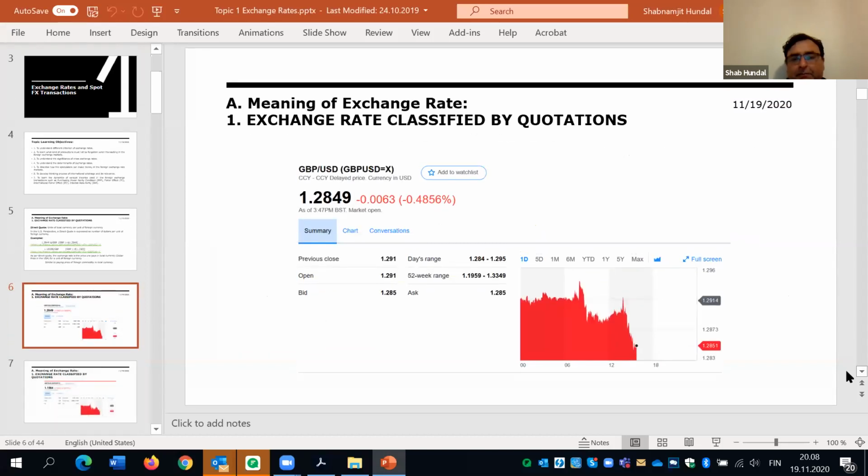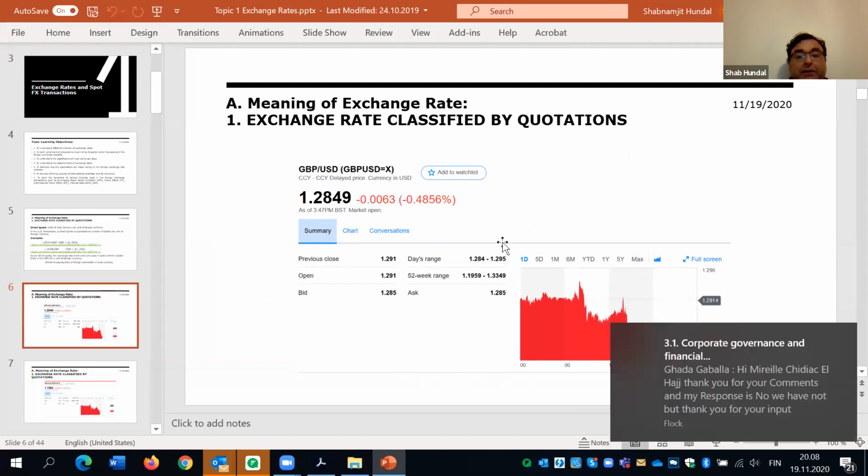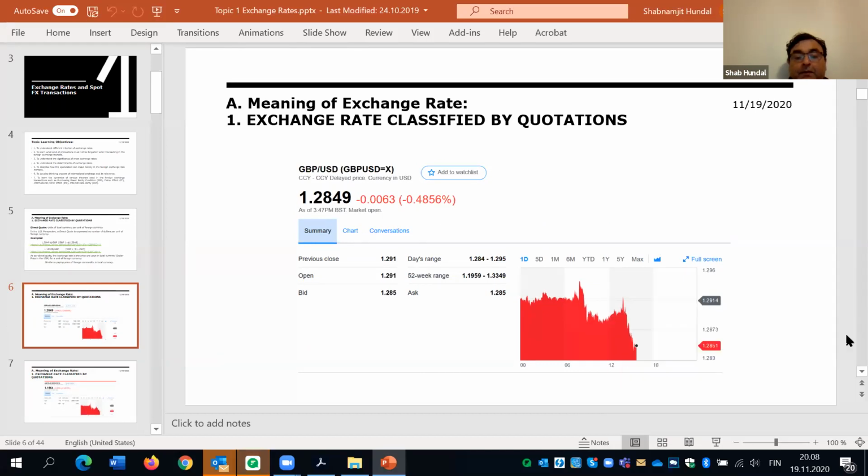Here, basically, I wanted to show you how the rate of exchange shifts quite fast. Usually, when you see the quotes in Yahoo Finance, for example, you will see GBP vis-a-vis USD. The first currency is the foreign currency. If you are living in the USA, then your pound is a foreign currency.